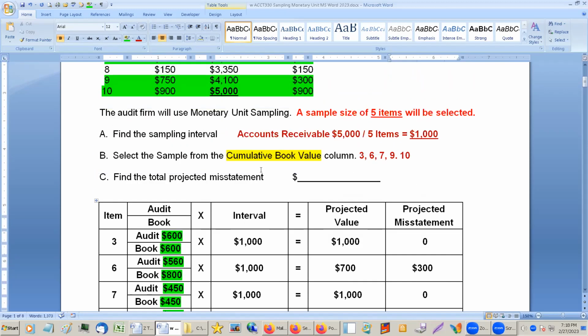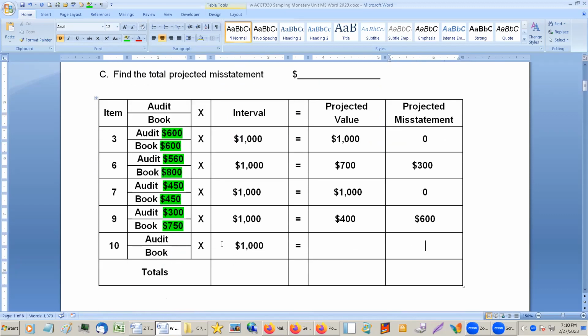And the last one, 900 over 900, no problems there.